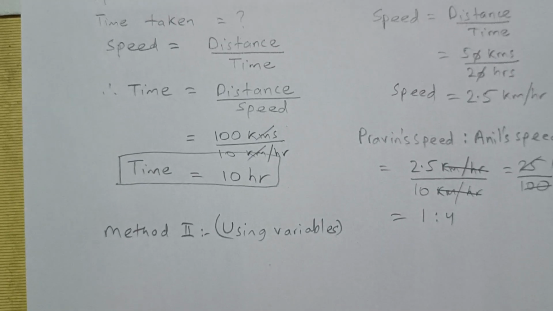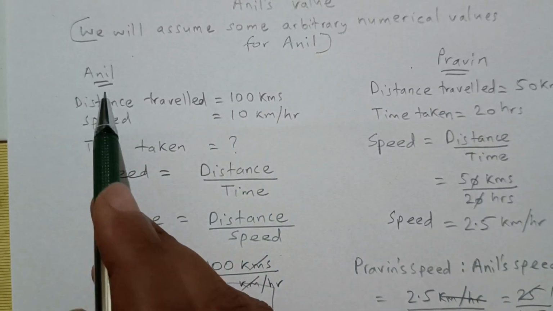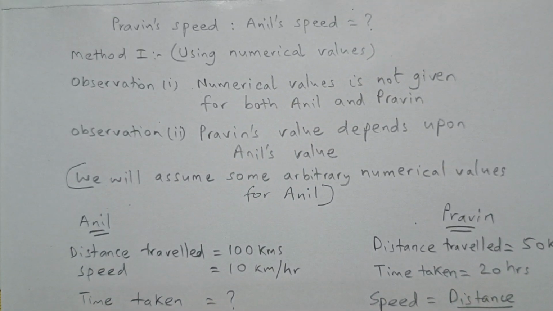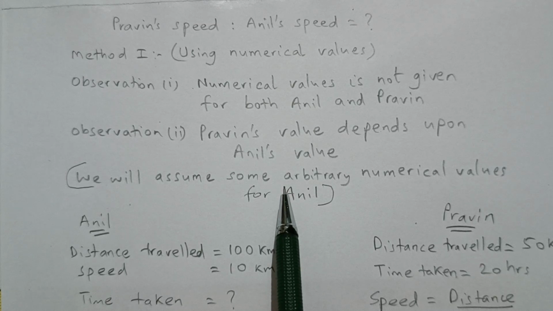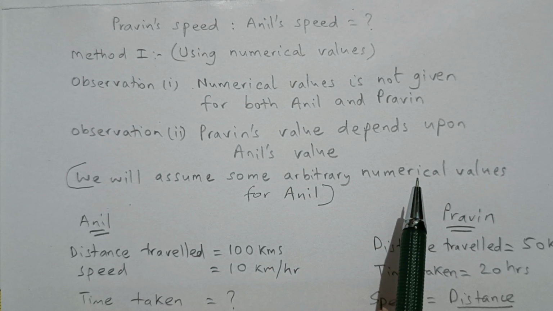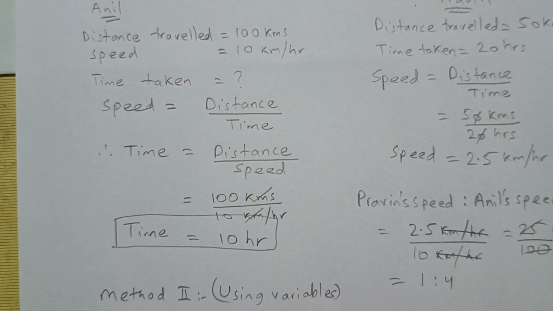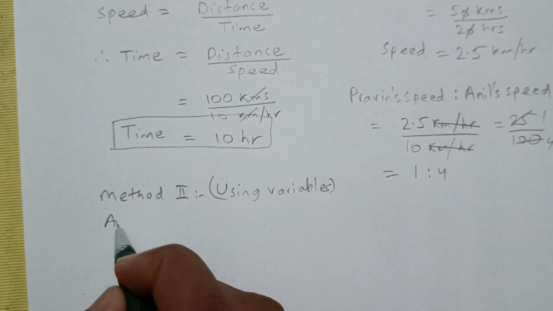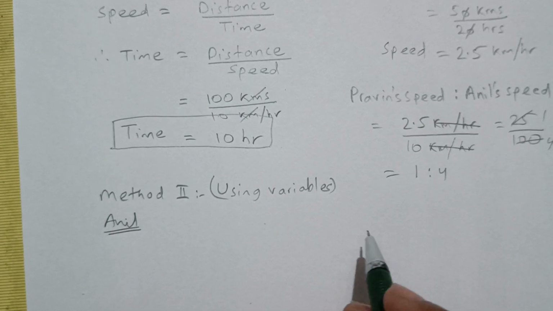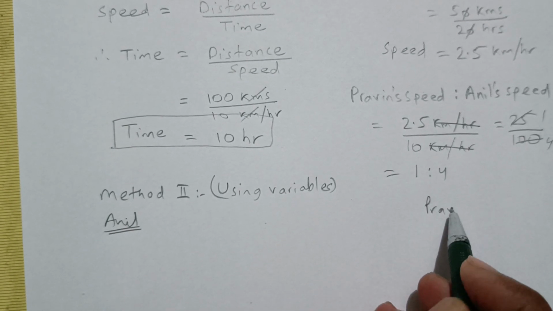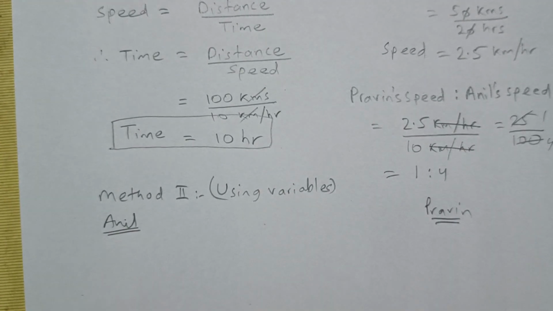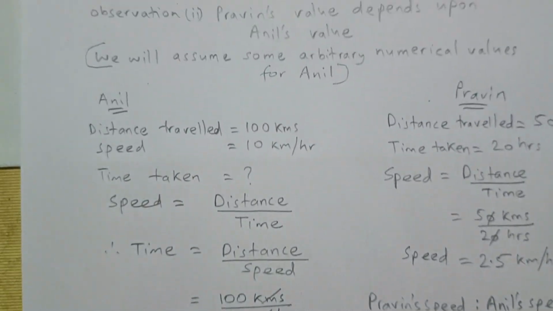Instead of numerical values, you can use variables also. So we will take some arbitrary variable value for Anil and Praveen.